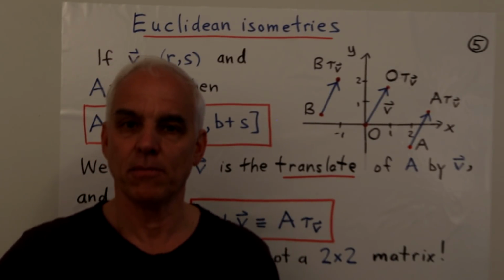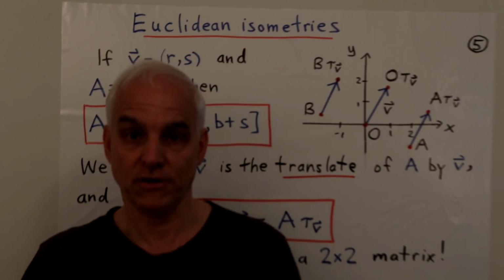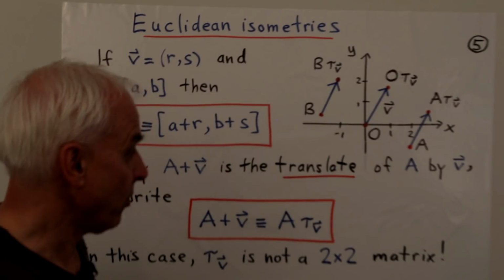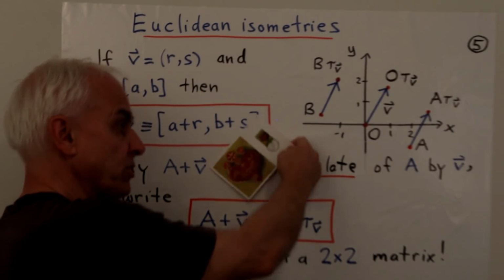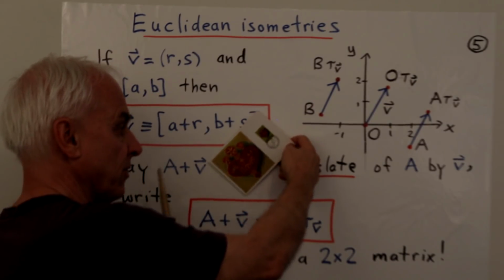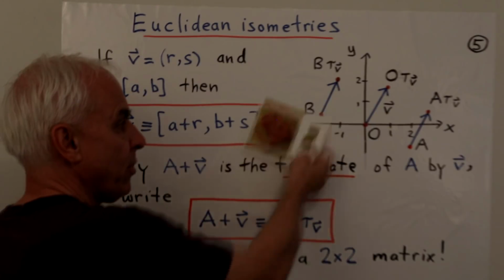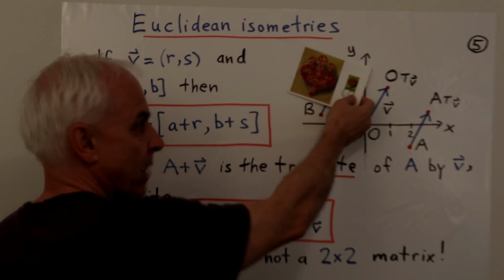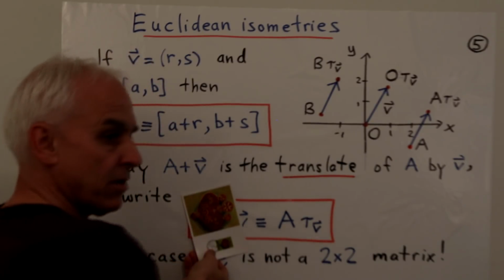Let's move to the more general situation of trying to understand general isometries of the plane. So we have an object in the plane, and we're willing to rotate it, we're willing to reflect it, maybe reflect it again, and we're willing to translate it. And we're willing to rotate it about some other points and reflect it about other lines.